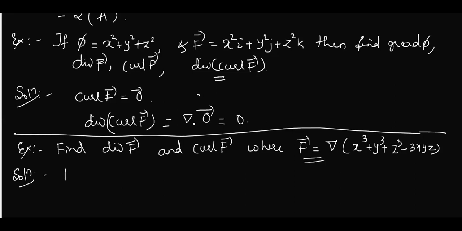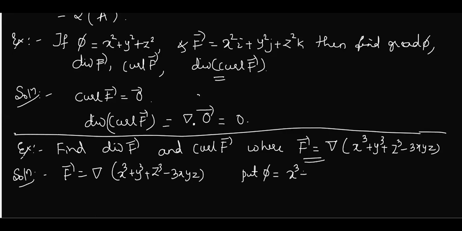So f bar is given as del operating on x cube plus y cube plus z cube minus 3xyz. If you want, you can take the bracket as some phi, then it is like del phi. Which definition has to be used for del phi? Phi we use for scalar quantity.